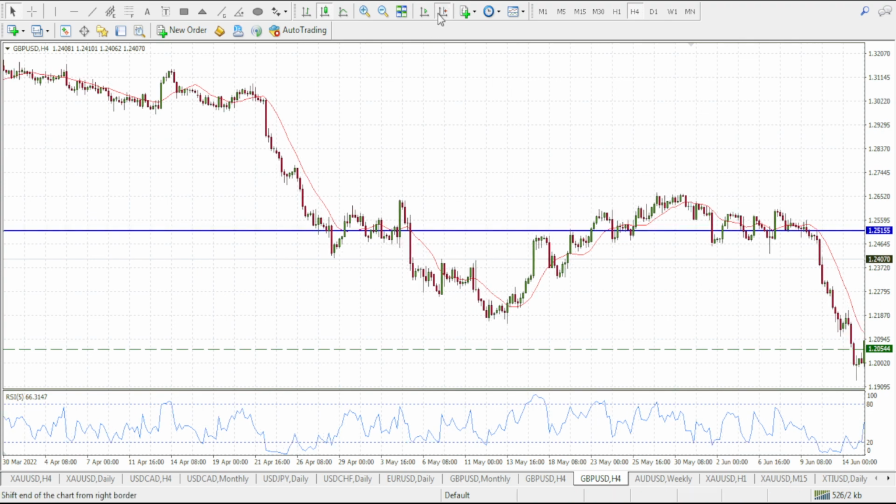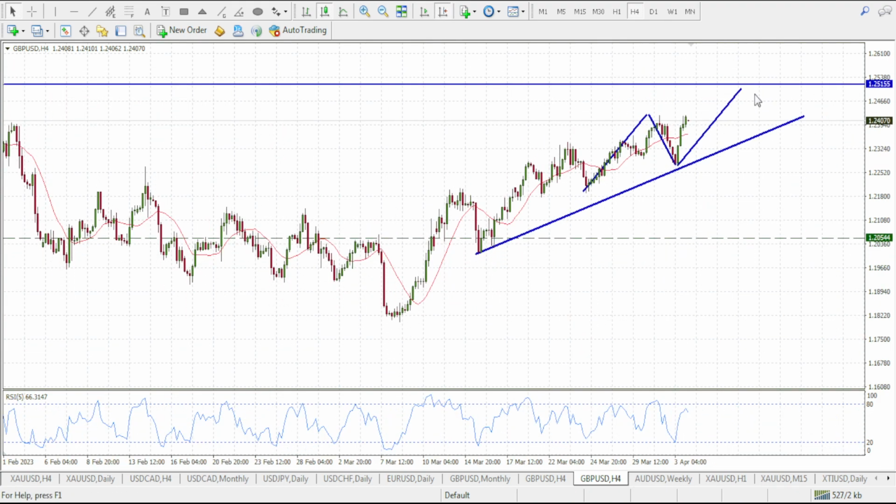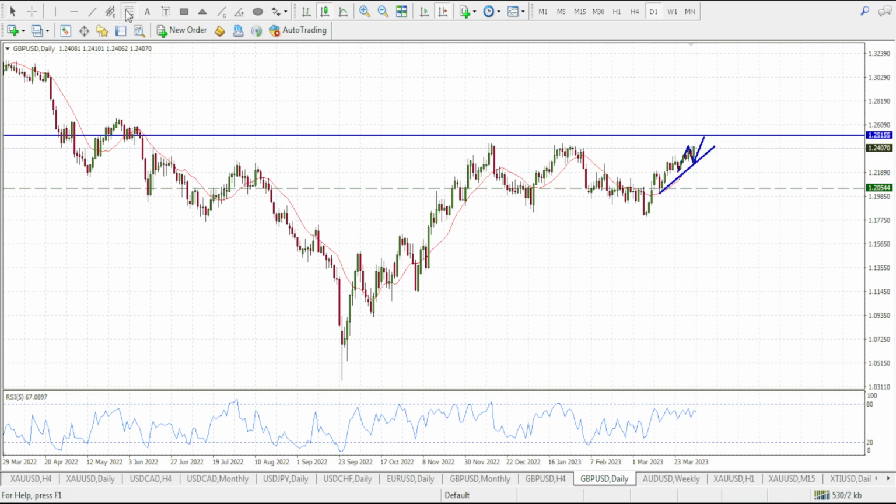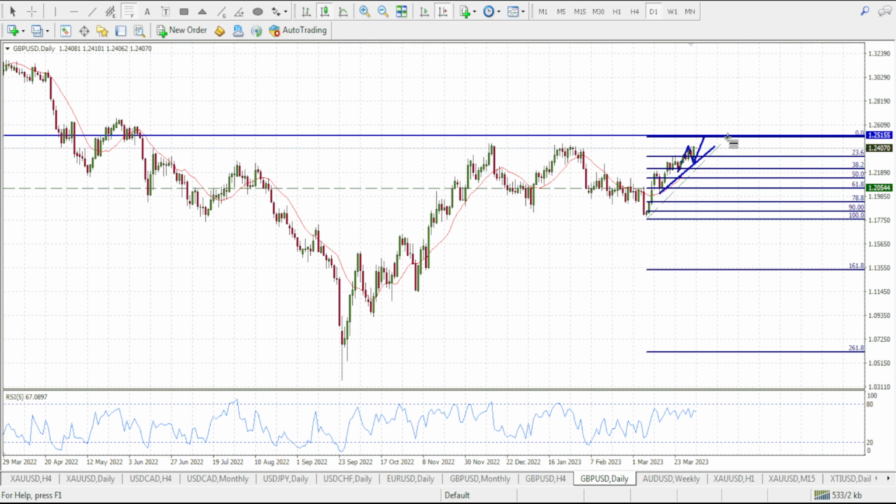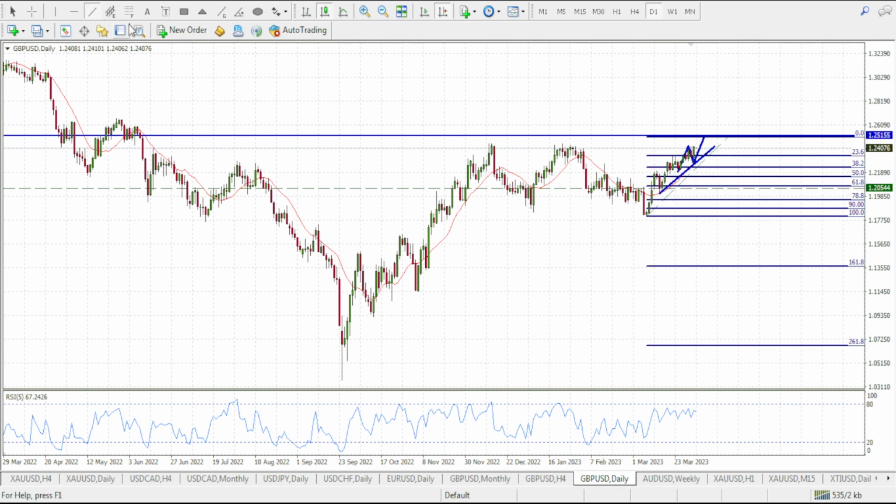On the H4, price is telling us that it's going up till 1.25155. On the daily, it is telling us that it will be coming back down from right here till right here, the 61.8% retracement. This is now the whole actual story.